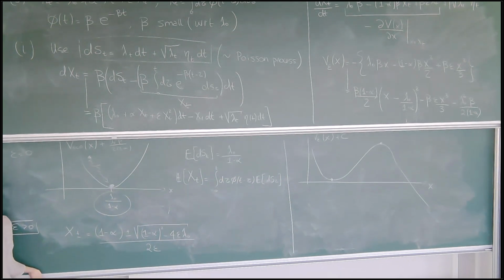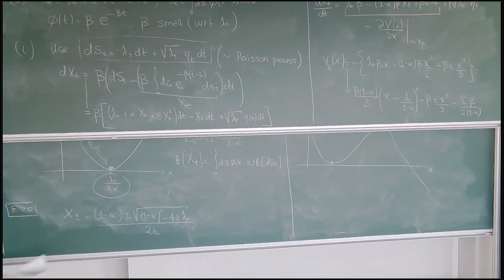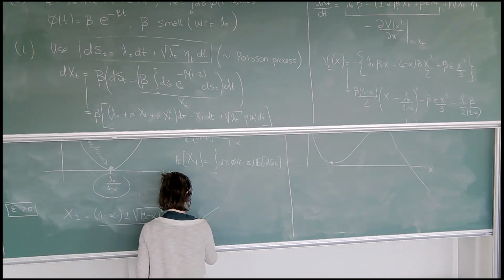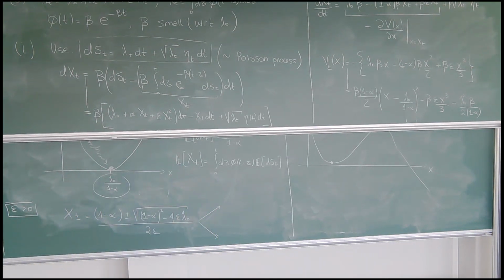A fast way to do this is to look at the behavior of this quantity when epsilon is small, because we know that when epsilon is 0, the minimum will collapse to lambda 0 divided by 1 minus alpha. So let's expand these two points for small epsilon.